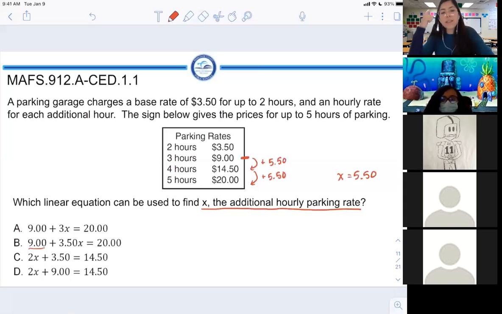But the question is asking, okay, which of these equations would give you the answer of 5.50? So there's a couple of ways to go about this. What's one strategy, what would you guys do? I would probably just look at it a lot, like I usually do.